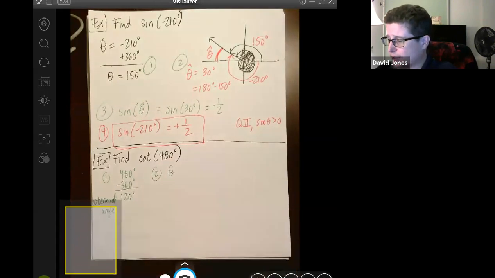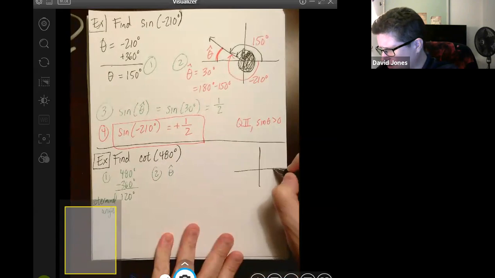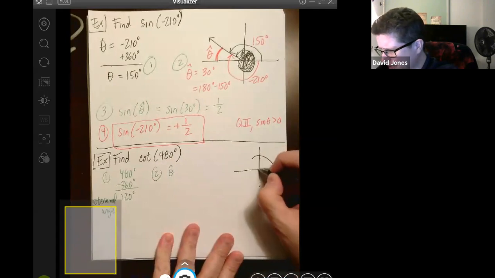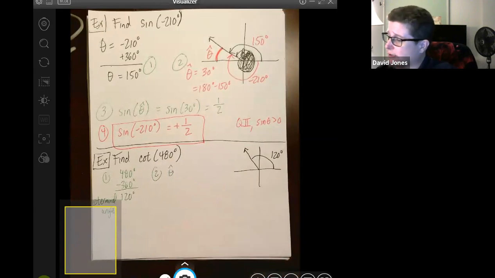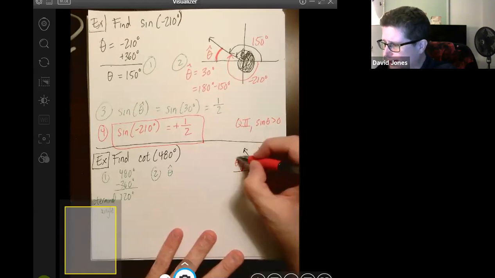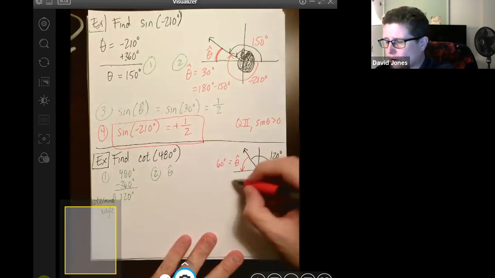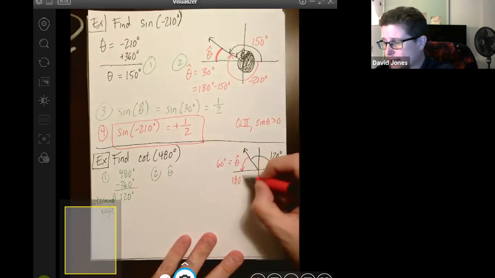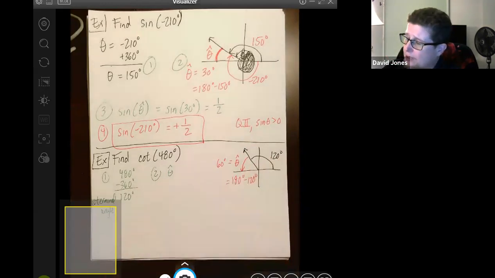Let's draw a picture. 120 degrees is a little past 90, which makes theta hat the rest of the way to 180. Theta hat has to equal 60 degrees, or 180 minus the 120. So theta hat equals 60 degrees.